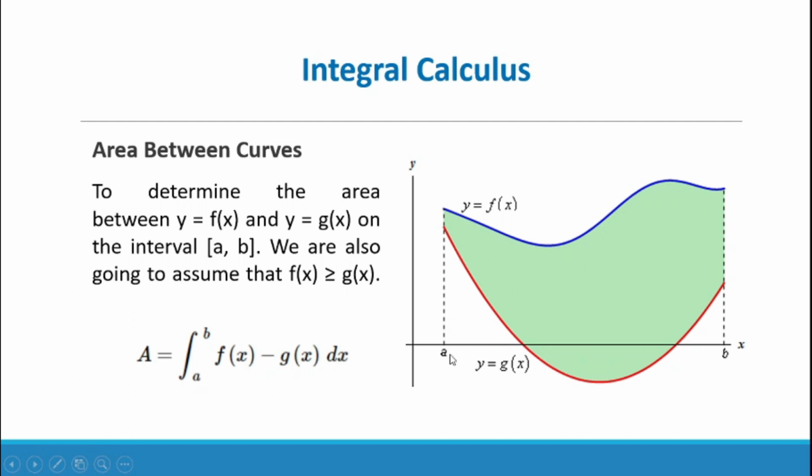From a to b, the area is equal to the integral of f(x) minus g(x) dx from a to b.